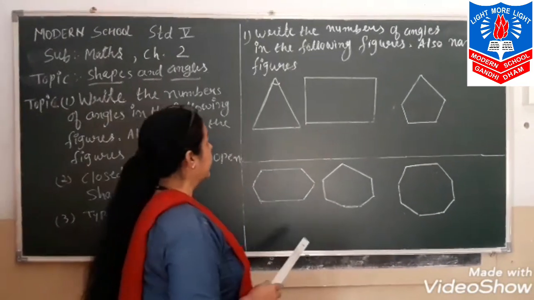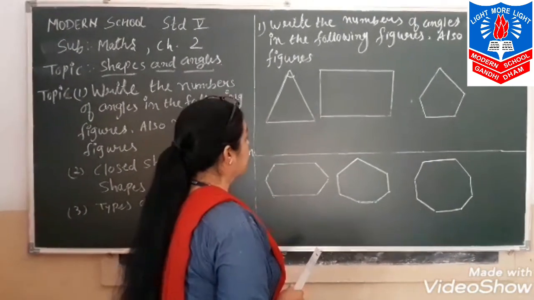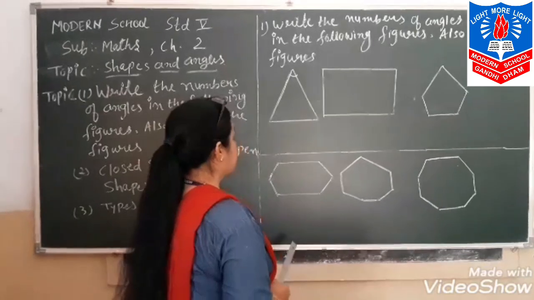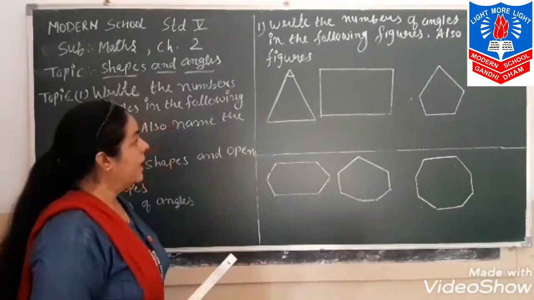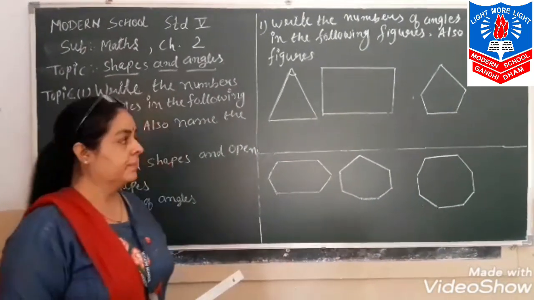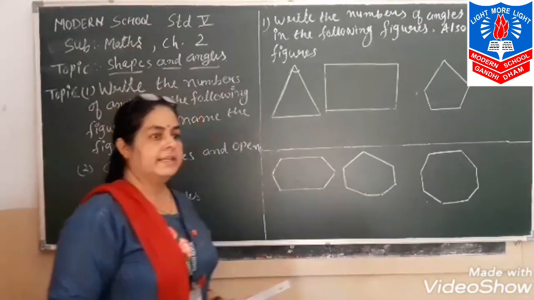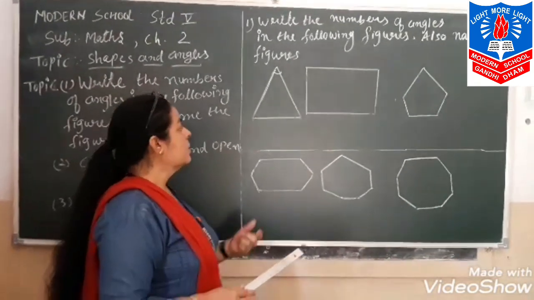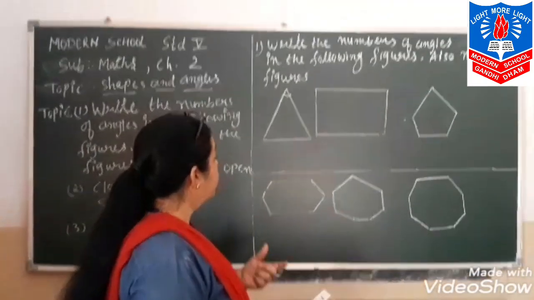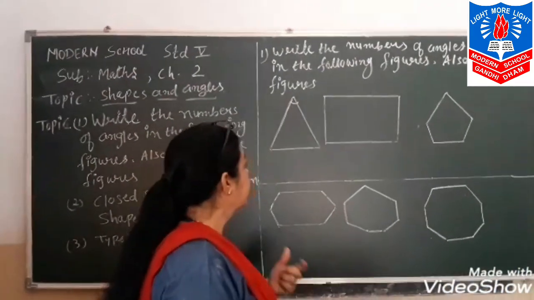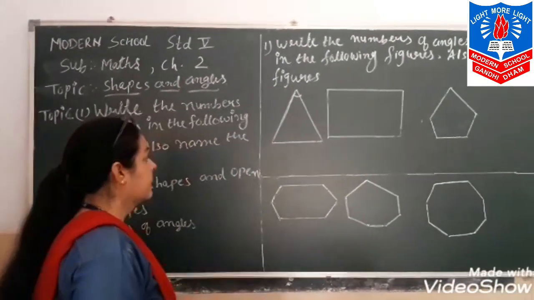Write the numbers of angle in the following figure. Also name the figure. Before I start, I explain to you what a shape is. Shape means with the help of line segments, this line, we make a figure, it is called a shape.